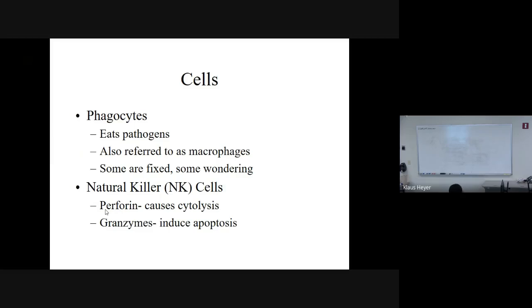It has this chemical that it releases called perforin that causes cytolysis, and then granzymes. So here in granzymes I have apoptosis. Apoptosis is like cell suicide. So as far as our understanding is, cells have like this timer built into them.